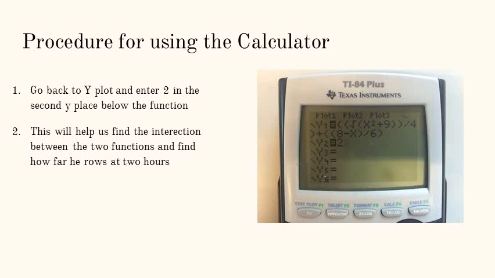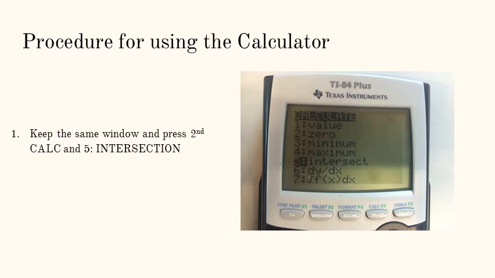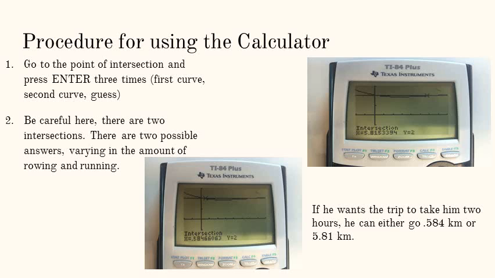This will help us find the intersection between the 2 functions and find how far he rows at 2 hours. Keep the same window and press second calc and go to intersection. Go to the point of the intersection and press enter 3 times.